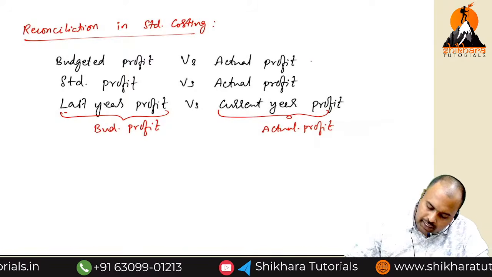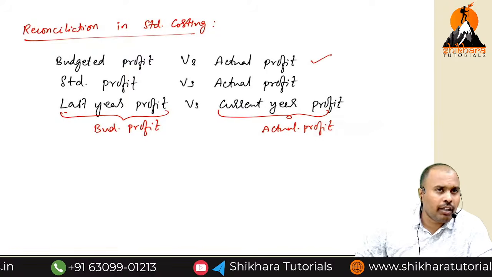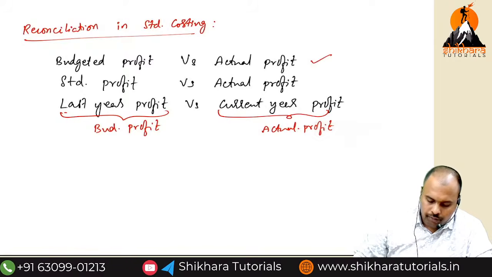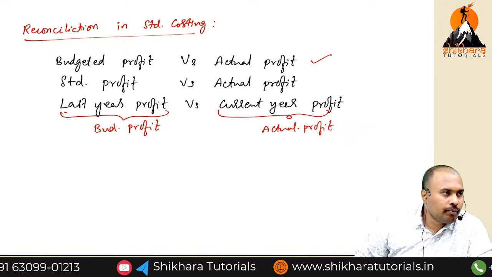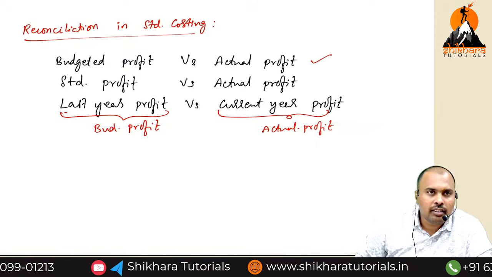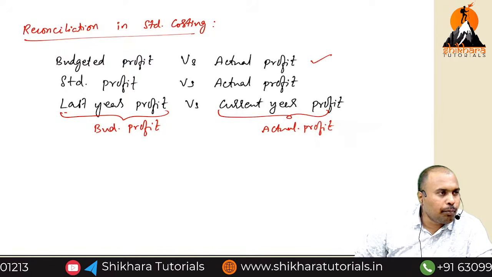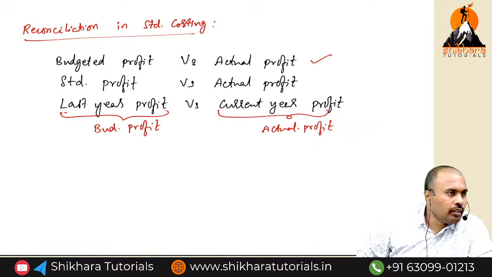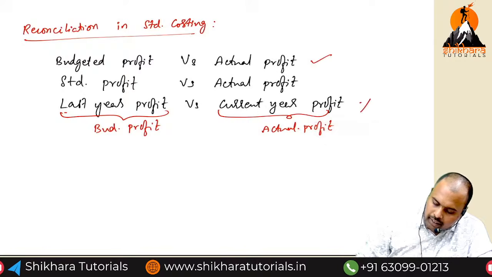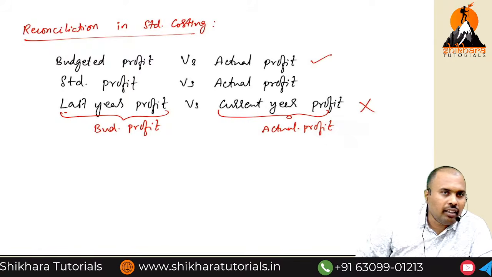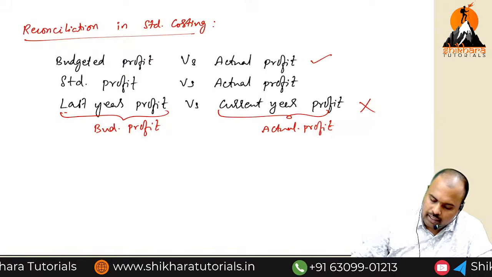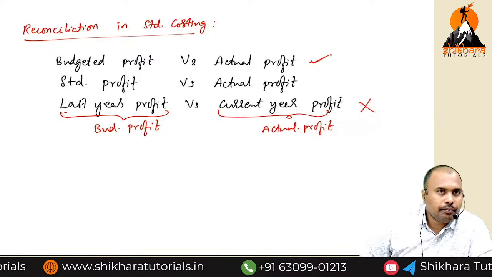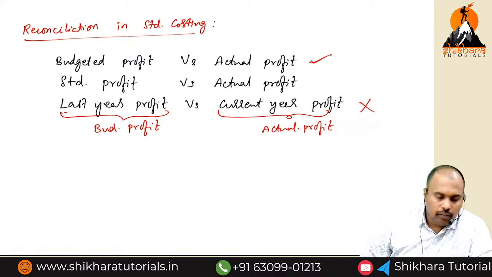The statement we have drawn for budgeted profit and actual profit, you can use for last year profit versus current year profit, and show the differences between them. Clear? I need not give a separate statement, because it is the same statement as budgeted profit and actual profit. Got it.